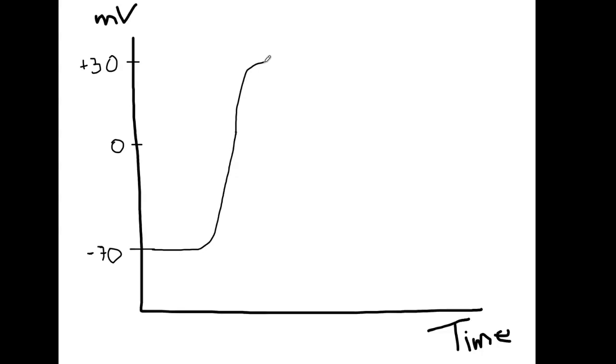So if positive ions move out of the cell, does it make sense to you that it would start to become more negative again? Because those positive ions are leaving. And if they're leaving, then I'm going to get more negative. And these potassium channels are open, allowing the flow of that potassium out.